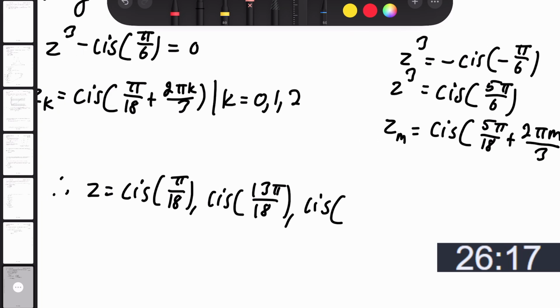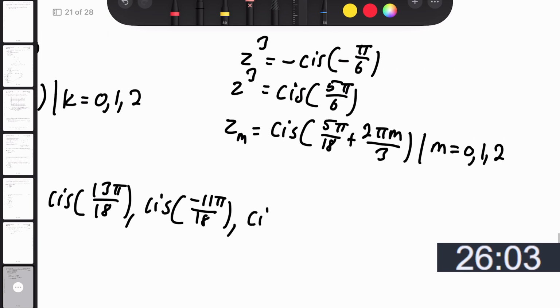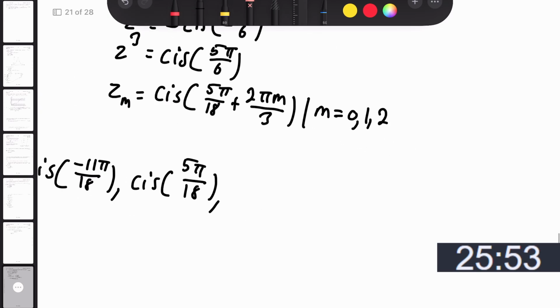If I add 12 to this, we get 25, just 7 past, so I need to go negative 11 pi on 18, or we can have a cis of 5 pi on 18, and then again we add 12, so cis of 17 pi on 18.